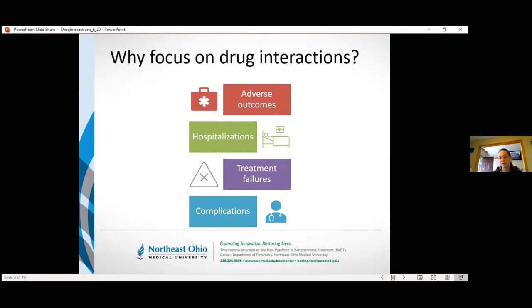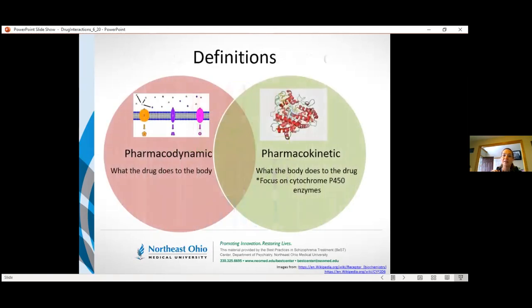Unfortunately, sometimes the drug interactions can lead to toxicity. We're going to talk briefly about hypertensive crisis that can cause end organ damage. We may see seizures. We may see other organ damage as a result of toxicity that can result from some of these interactions. So really trying to prevent adverse consequences with the medications that we're using. So trying to do no harm.